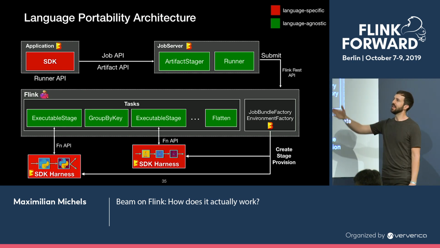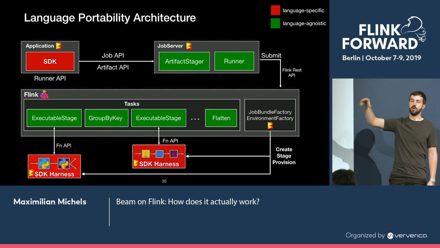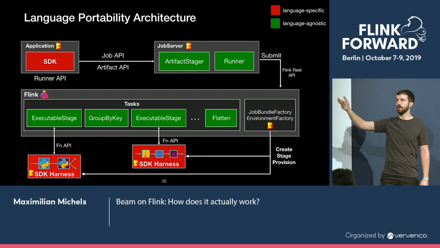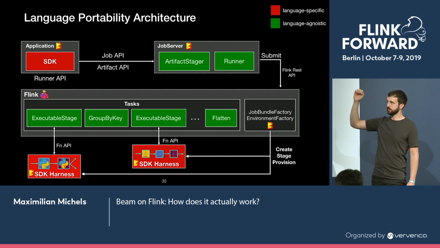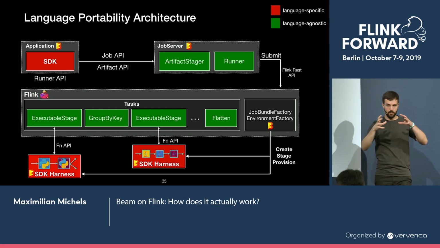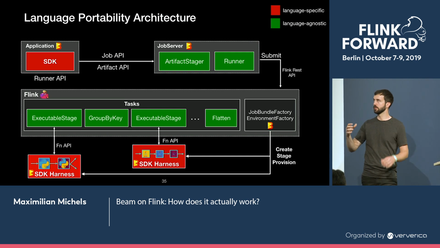So we have the SDK where the user creates an application using the Beam SDK, be it, for example, here in Python. And we end up with this Runner API with this universal representation of the pipeline.